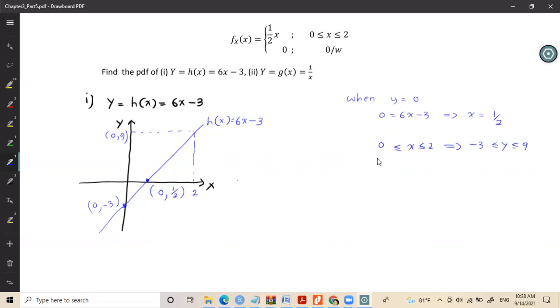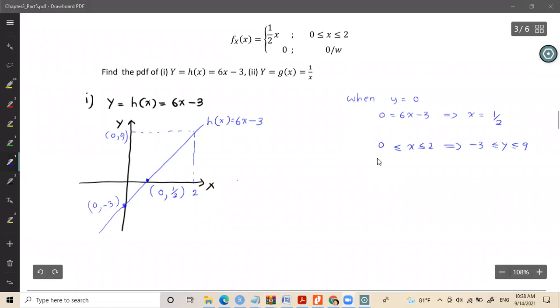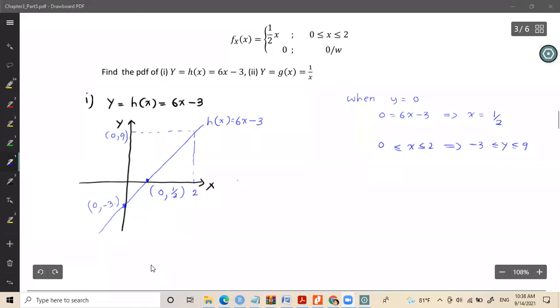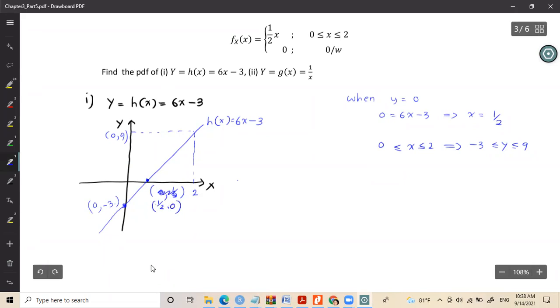Now look at this function 6x minus 3. Yeah, sorry, so this should be 1/2, 0. Thanks. Okay, now it's correct. So tell me, what is this function? Increasing or decreasing? Is it monotonically increasing throughout the whole interval?